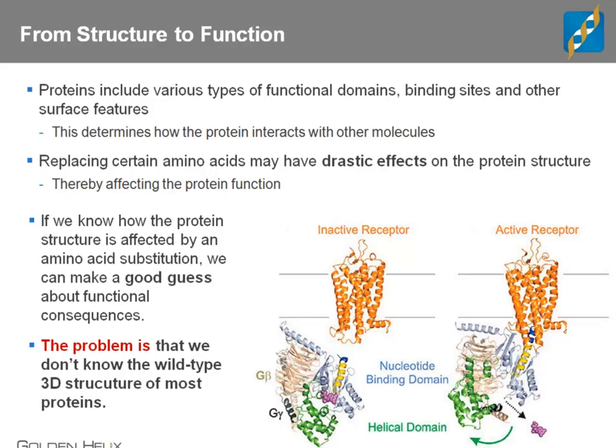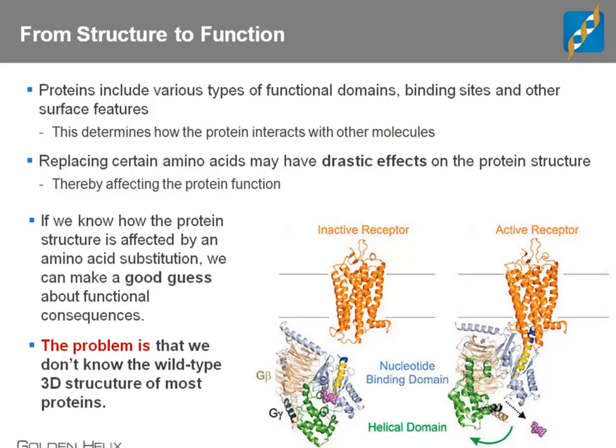But the big problem is that we don't know the wild-type 3D structure of most proteins. I remember probably 10, 12 years ago now, sitting in my first ever bioinformatics seminar and hearing the speaker discuss prediction of tertiary structure as being the holy grail of bioinformatics. And I don't think I fully appreciated what he meant by that until just recently.